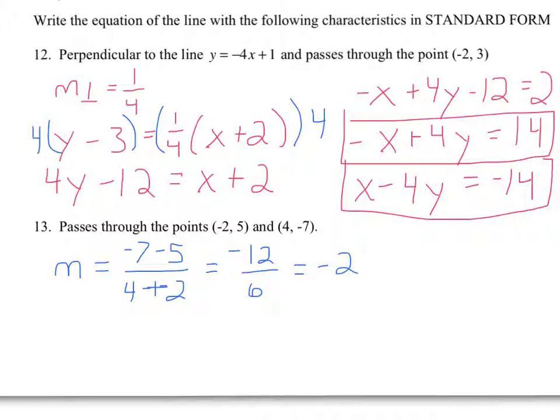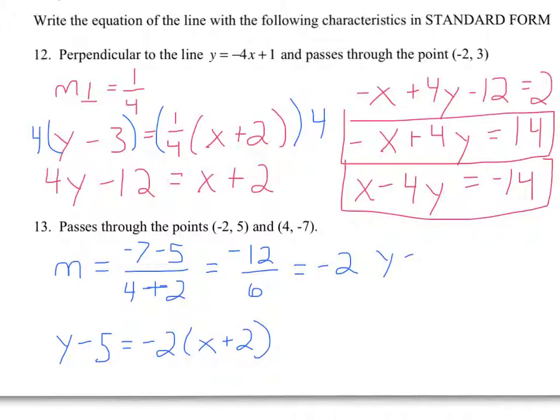Now we're going to use the slope that we found and one of the points and first write our equation in point-slope form. I'm just going to use the first point. So now we have y minus 5 equals negative 2 times x plus 2. And we want to get our equation into standard form, so I'm going to distribute the negative 2.